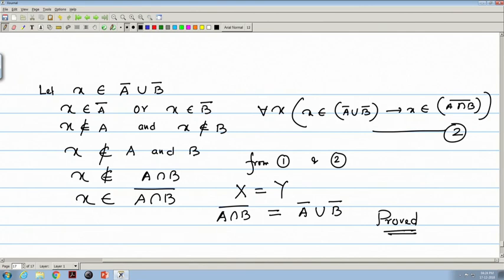So in this way, any one of the laws we can prove using the elements of sets, whether they exist in some set or whether they do not exist in the complement. So mainly from the concept of the set, the complement of a set and the 3 operations that we have read on sets, mainly the intersection, the union and the complement.